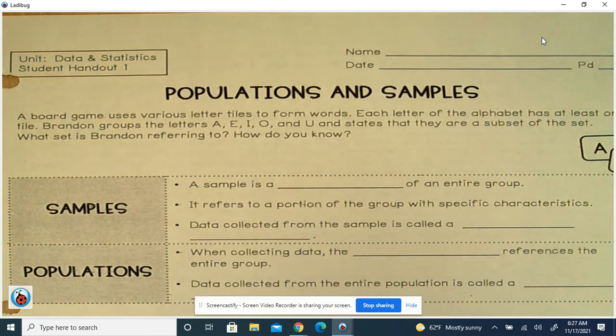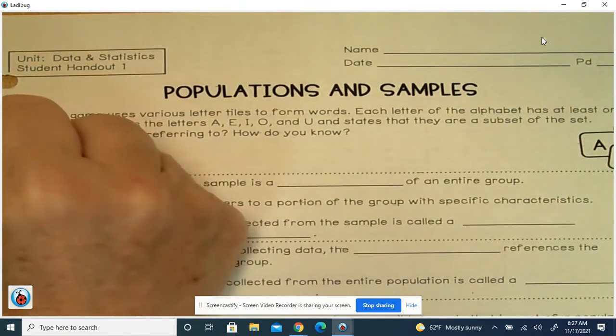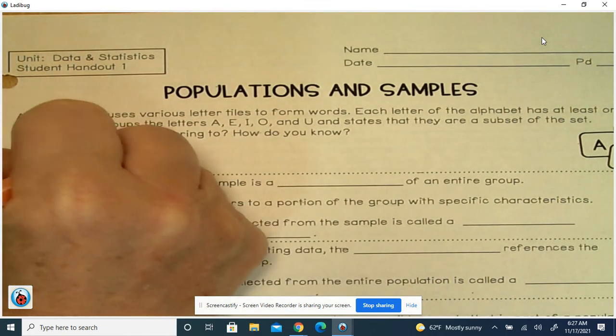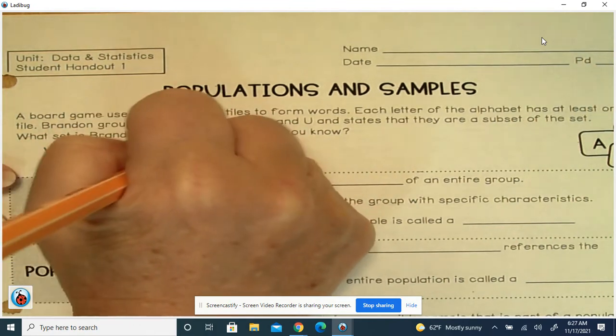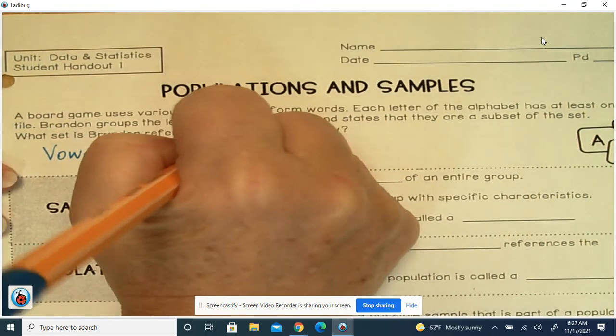Okay, vowels are a subset within all the letters of the alphabet. So vowels are a subset. And that's just saying vowels are in the alphabet.